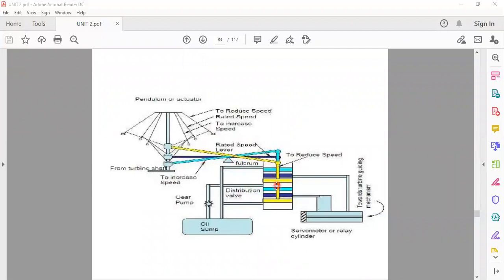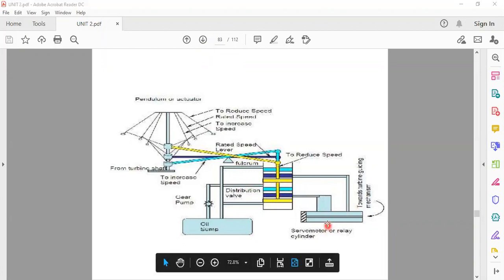So valve V1 is closed and V2 is open. So oil coming from V2 means here controlling the servo motor, this piston moves in the forward direction and closes the flow control valve by the nozzle sphere assembly like that.